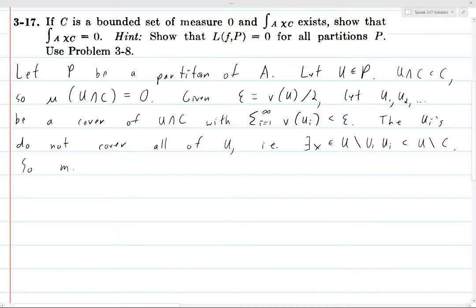So the mu of chi C, which is the infimum over all x in U of chi C of x, must be less than or equal to chi C of x, because x is in U. But this is 0.